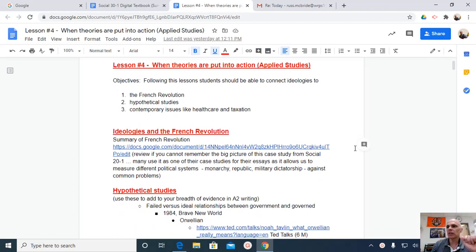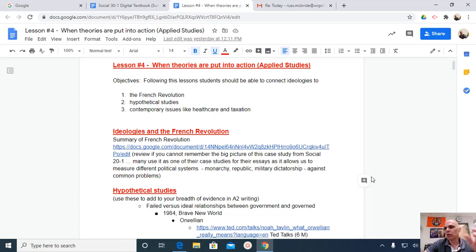Now, here in this document, if you can't remember much about the French Revolution, there is a document that you can go to that will give you a summary of some of the main events and the transition. Now, many students end up using the French Revolution as a case study in their essay writing because we have a common people, the French people, struggling with reoccurring problems and different political systems that are experimented with to solve those problems.